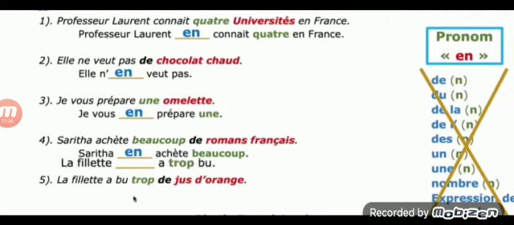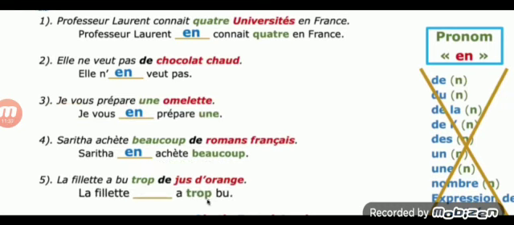Same way, this one is also repeated. The little girl drank too much orange juice. It became: the little girl drank too much of it. So that noun, orange juice, is replaced by the pronoun en.